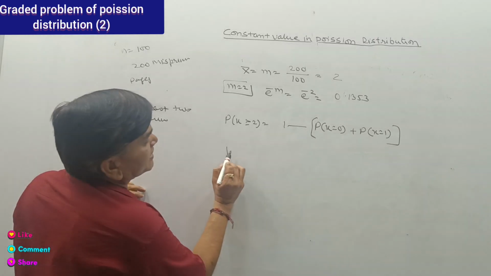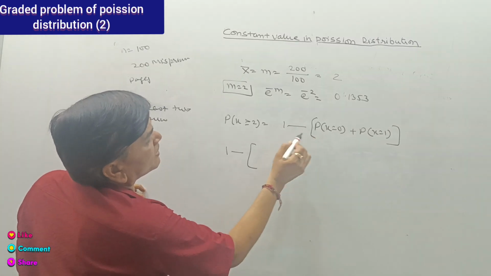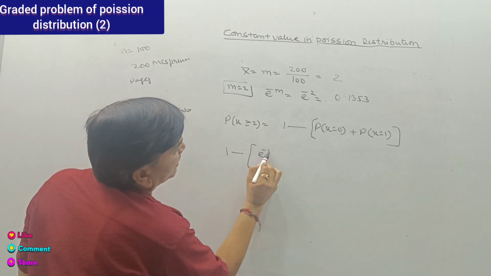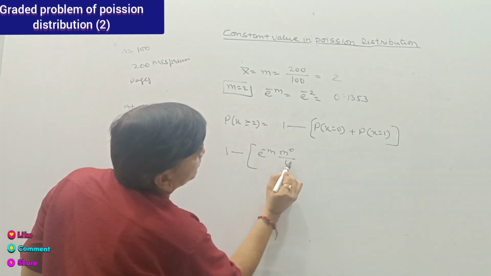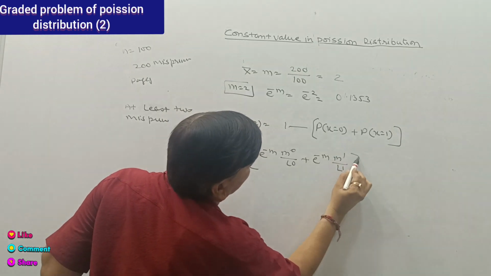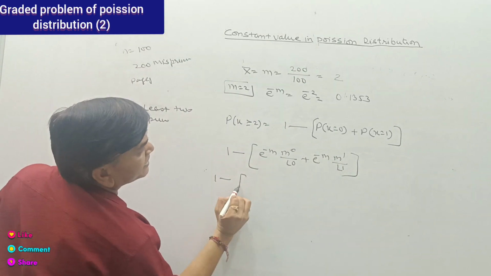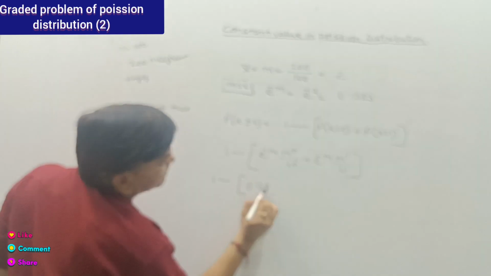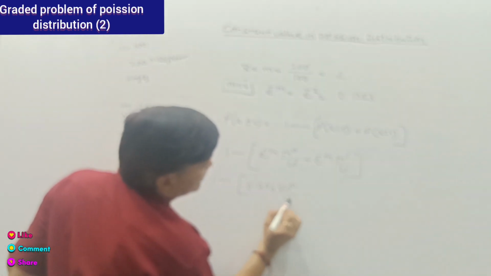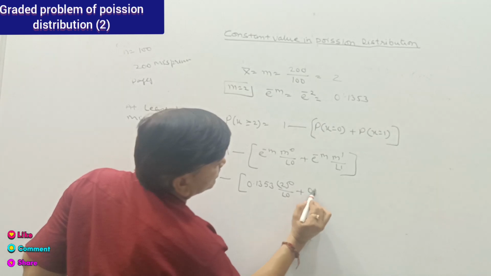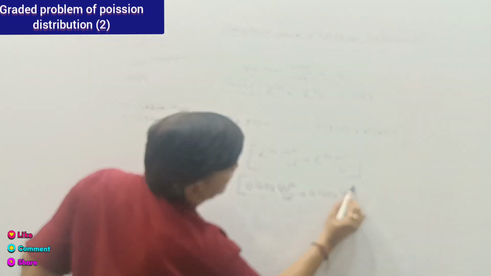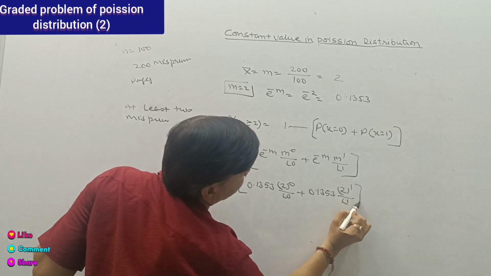So 1 minus e raised to power minus m, m raised to power 0 upon factorial 0, plus e raised to power minus m, m raised to power 1 upon factorial 1.